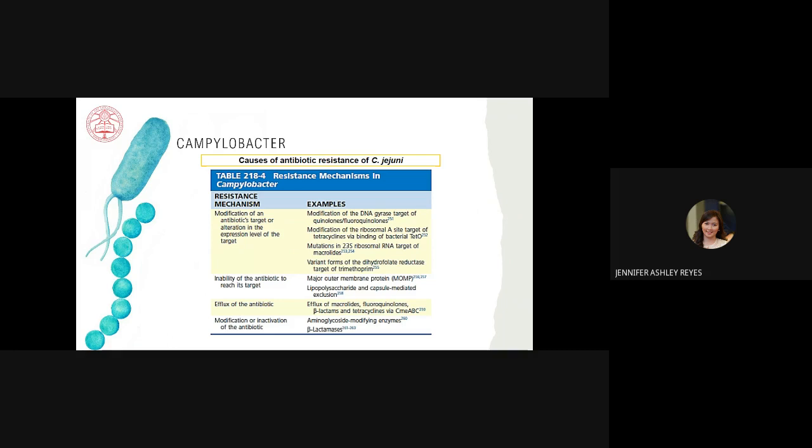And because of those antibiotic therapy na binibigay sa mga animals, natututo sila na mag-develop ng resistance against those common antibiotics. And there are several studies that started checking kung ano na ba ang percentage or prevalence of resistant strains of Campylobacter species found in chickens. So, ganun.